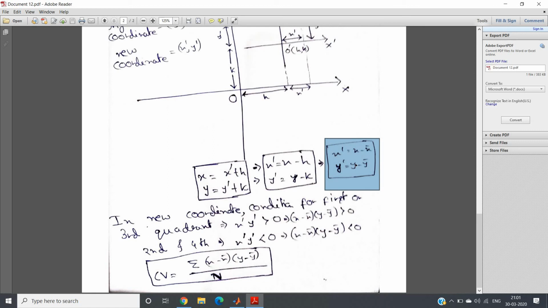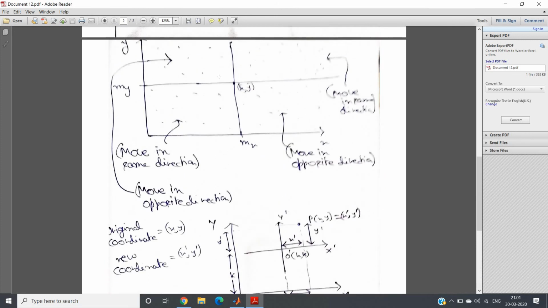So previously the coordinates were x, y with respect to the original coordinate system, but when we have shifted our origin to the x bar, y bar point, the new coordinates of all the data points become x minus x bar, y minus y bar.